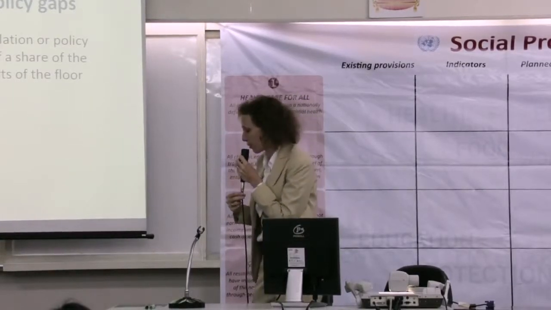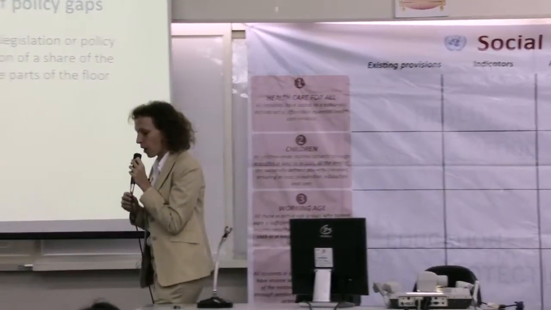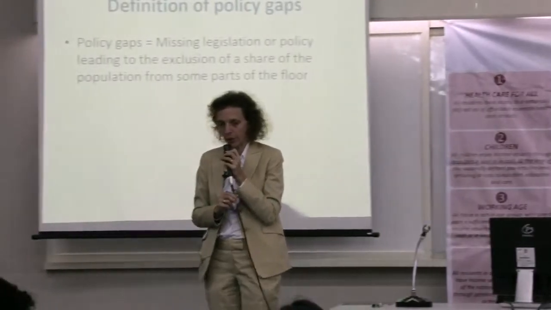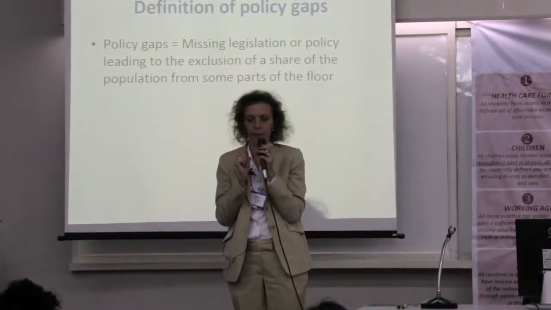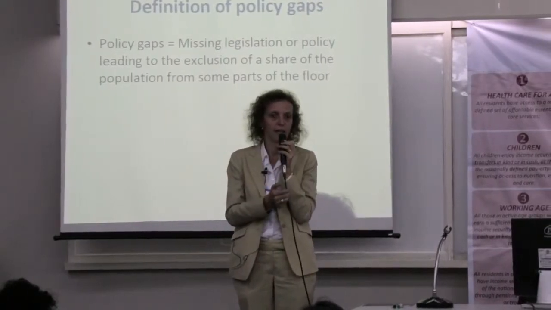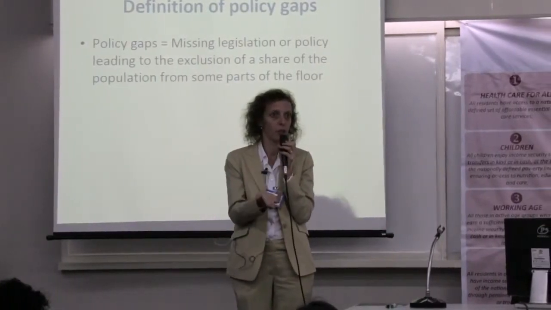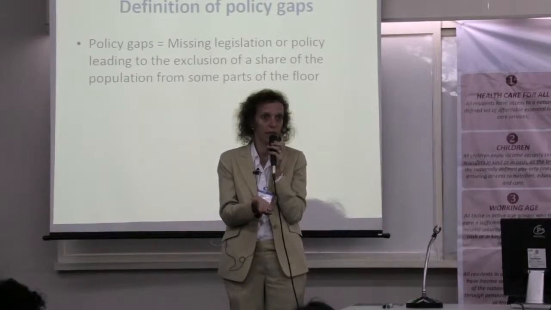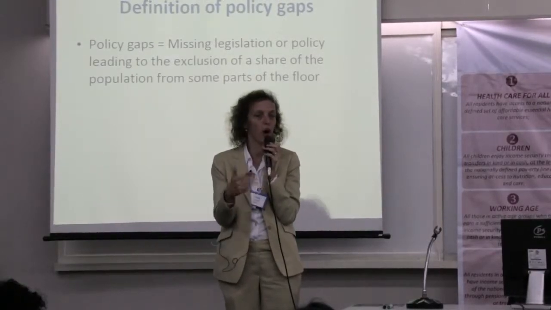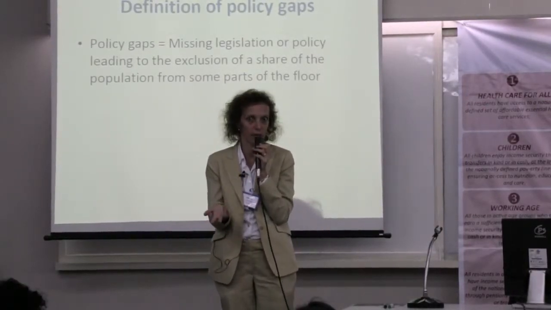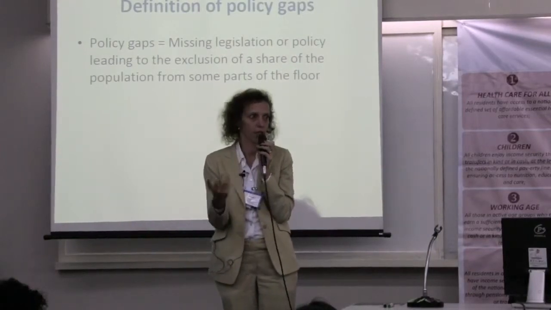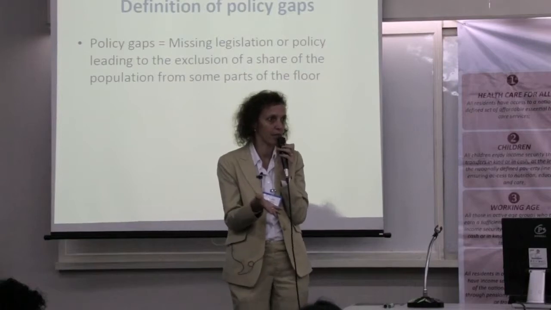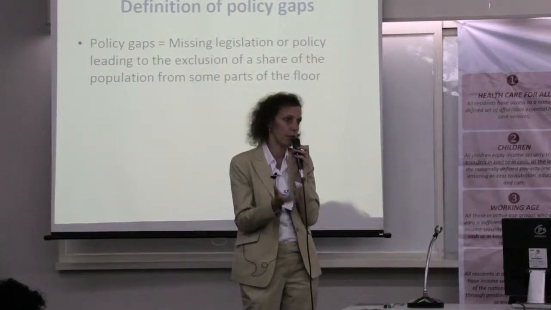For instance, if you have a law on social security and all the informal sector are not included in the law, and there's no other policy for the informal sector, no other schemes or laws or regulations targeting specifically the informal sector, for us, it's a policy gap.